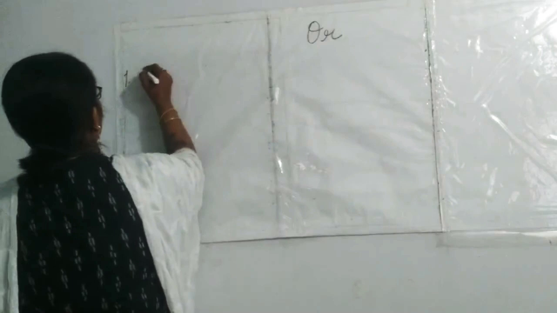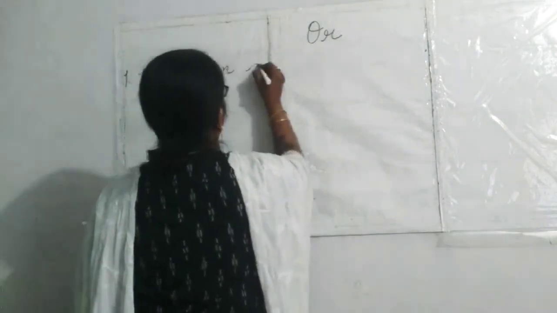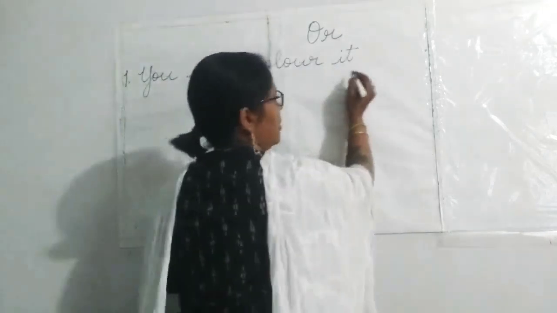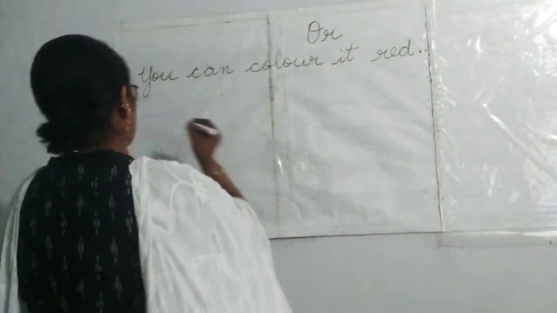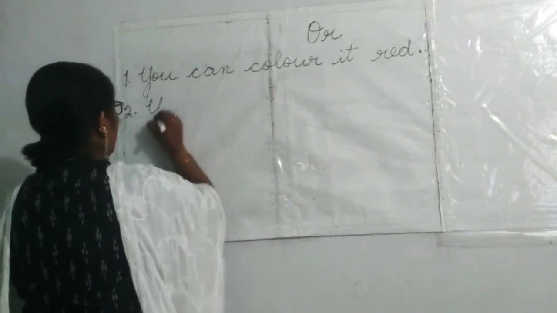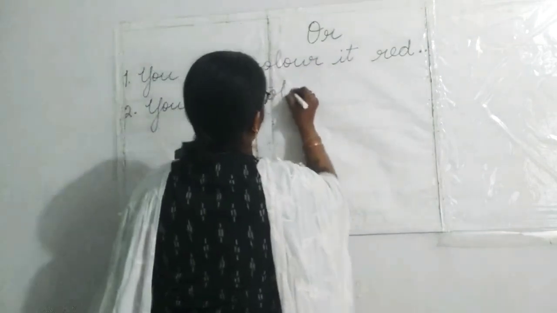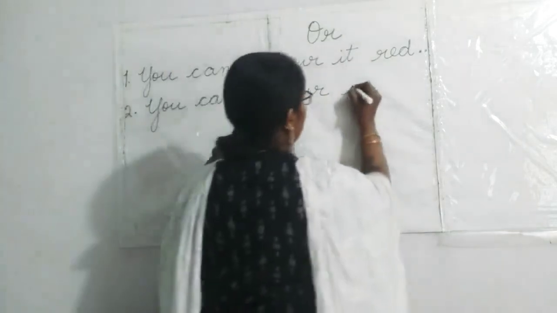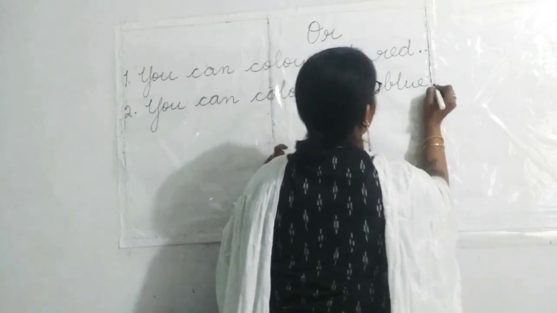Okay, the last sentence. First one. You can color it red. Second one. You can color it blue.